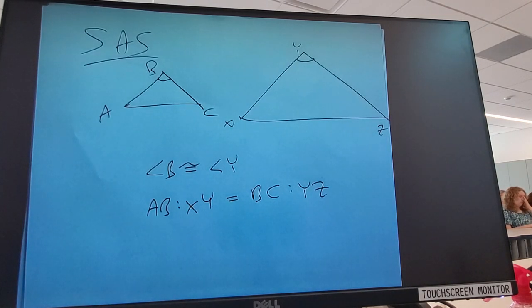For similarity, the angle has to be equal, but the sides just have to match up in a ratio. So AB blown up is XY. BC blown up is YZ.